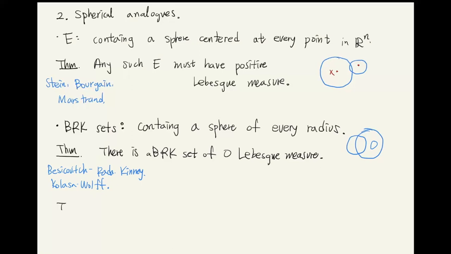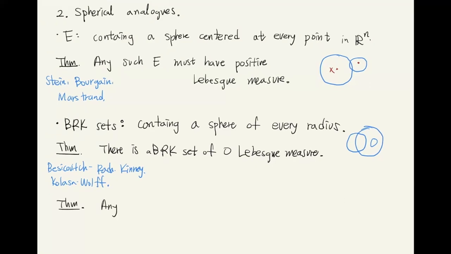And this was answered by Kolasa and Wolff, and also Wolff. Namely, any Besicovitch–Rado–Kinney set in R^n must have Hausdorff dimension n, the largest possible dimension.